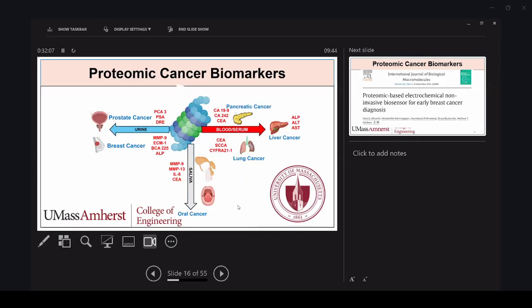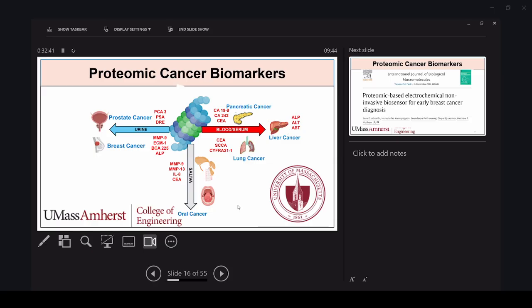As I mentioned, proteomic biomarkers, or protein biomarkers, are proteins responsible for that type of marker, whose levels are elevated in different biological fluids if there is a chance of that particular cancer. For example, in breast cancer, proteins like MMP9, ECM, BCA225, ALP, and one more specific to breast cancer, haptoglobin.